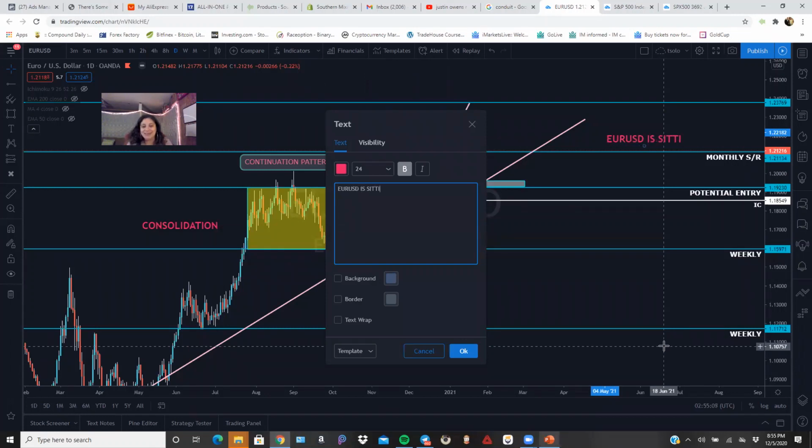EURUSD is sitting at a monthly, it just broke out of a monthly resistance, retested, sitting at monthly support now. On daily, right?